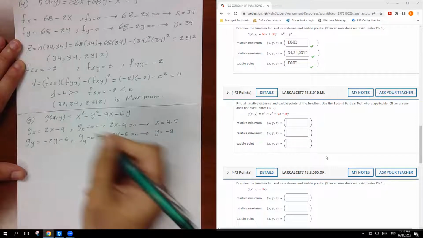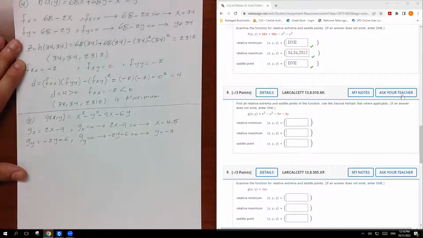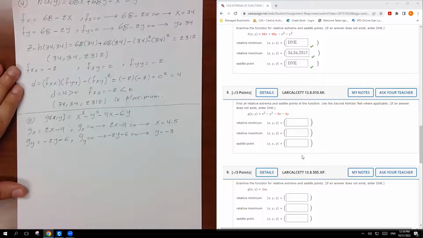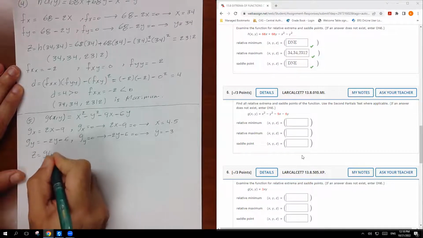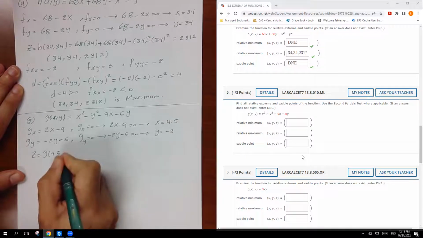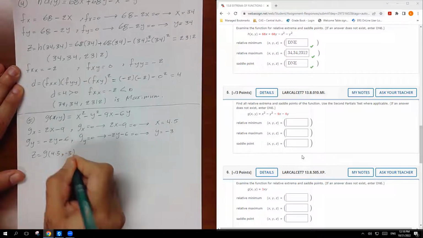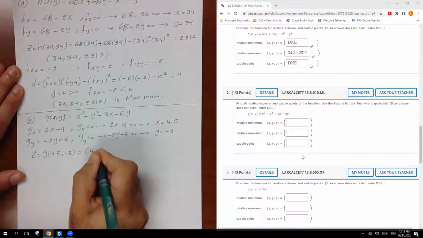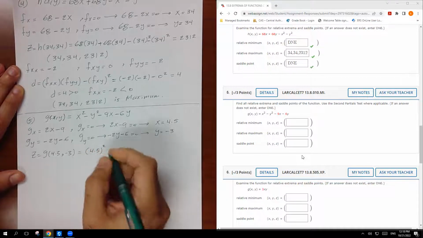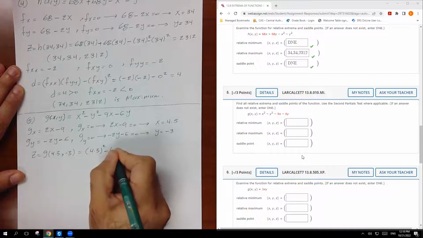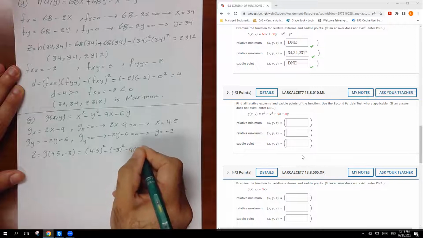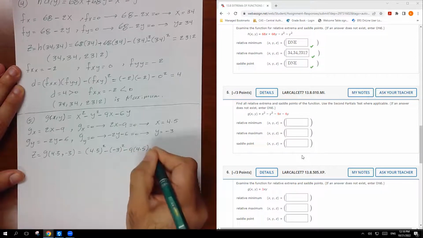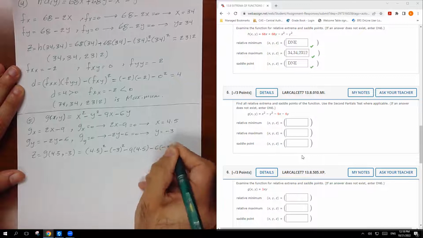Let's find z by plugging x and y into our function. z is g of the point 4.5 and -3, which equals 4.5 squared minus -3 squared minus 9 times 4.5 minus 6 times -3.